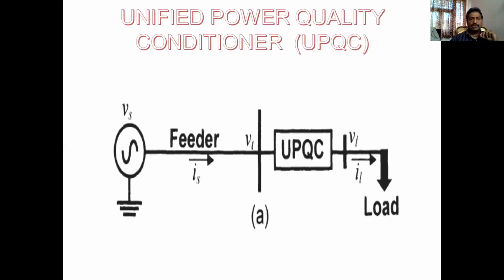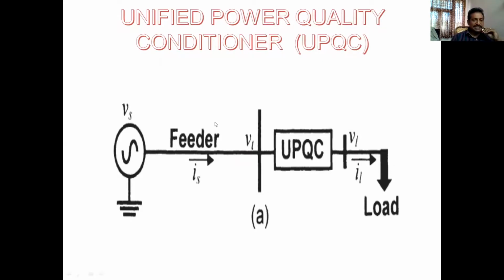So next is another compensating device, the unified power quality conditioner. This device is applicable basically where there may be a disturbance or unbalance between supply and load.